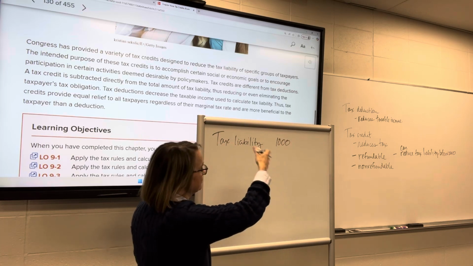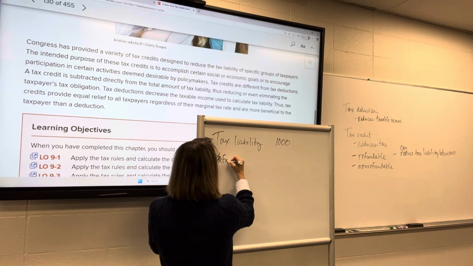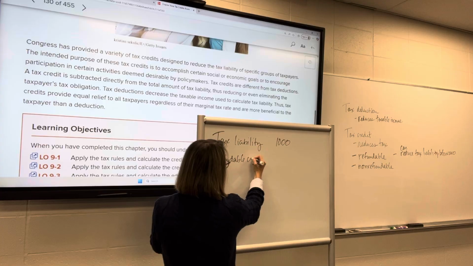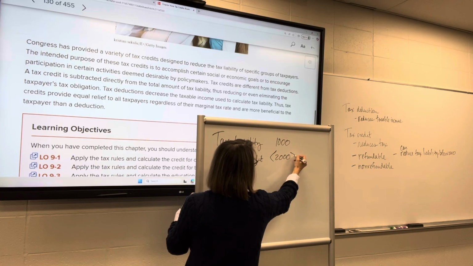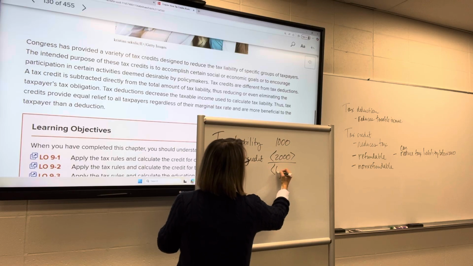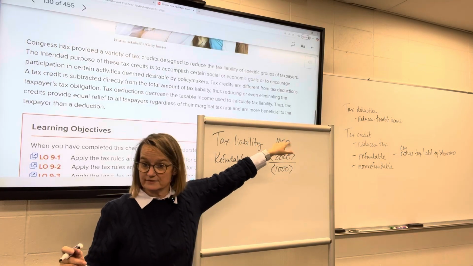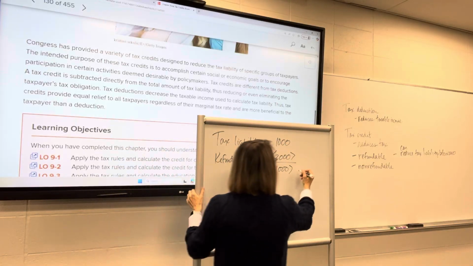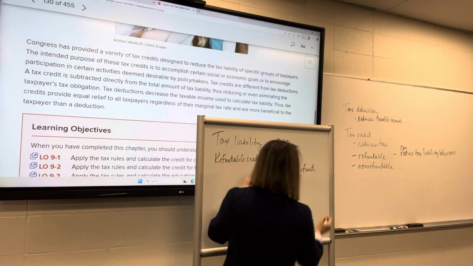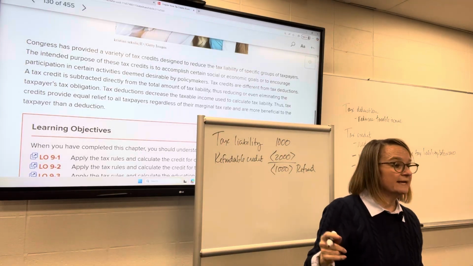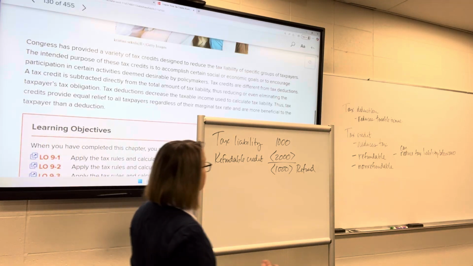You've done the calculation, you've determined that you owe $1,000, but you have a refundable credit of $2,000. That means you're going to get a refund of $1,000. Even though you don't have tax liability of that additional $1,000, you're still going to get a refund. That's what they mean by it's refundable. It can result in a refund, even if you don't have tax liability.